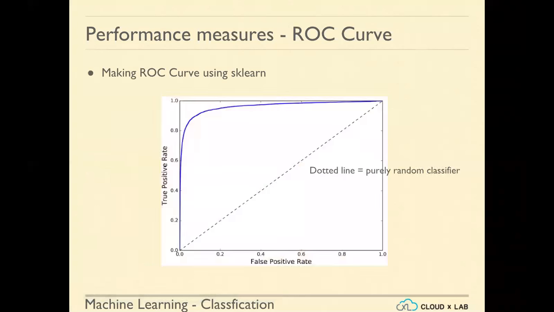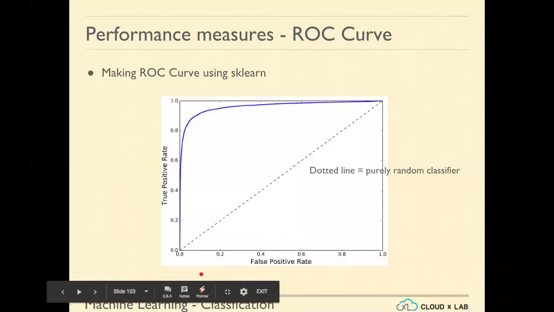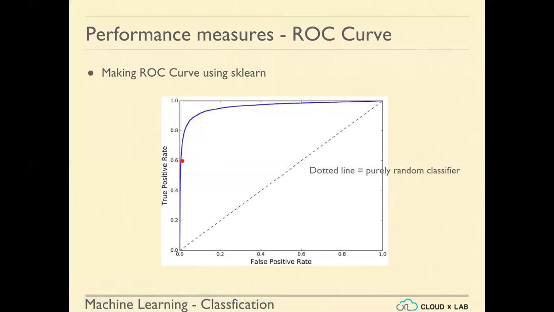This plots a graph like this. On the y-axis we have the true positive rate, and on the x-axis the false positive rate. When the false positive rate is 0, the true positive rate, meaning the number of fives identified as 5, is really high.